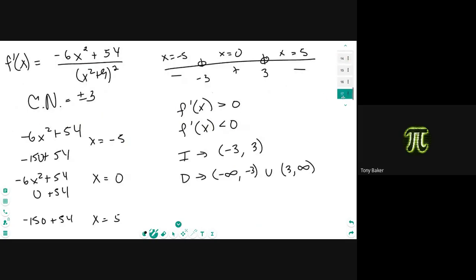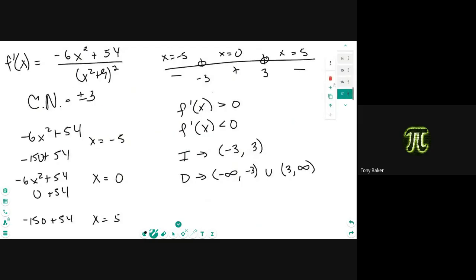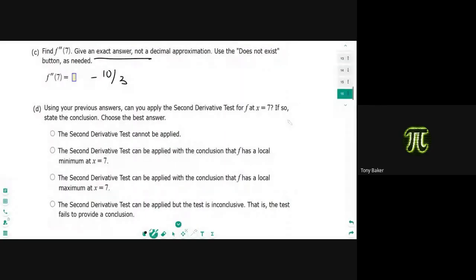It wants the exact value. I will tell you the entire reason they're asking for the exact value is so you can't just plug it into a calculator or a graph and get the answer. That's the entire reason they're asking for exact answers.